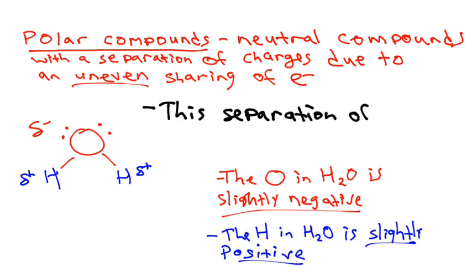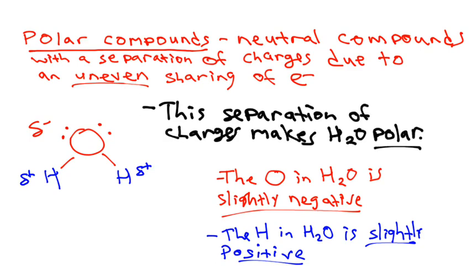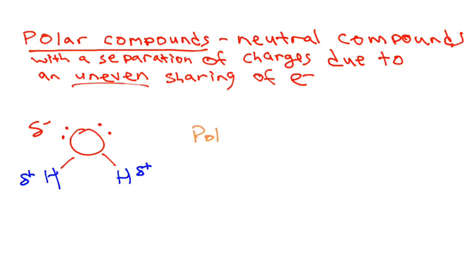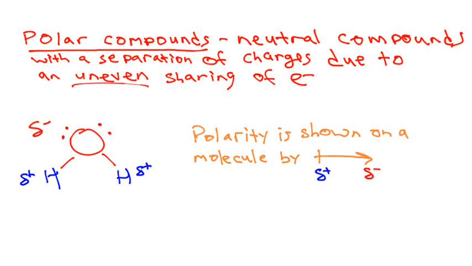So this separation makes water a polar molecule, polar opposites, polar bears. Just kidding. Anyway, so now we have a slightly negative oxygen and slightly positive hydrogens. That leads to all the properties that we know about water, most of them anyway.